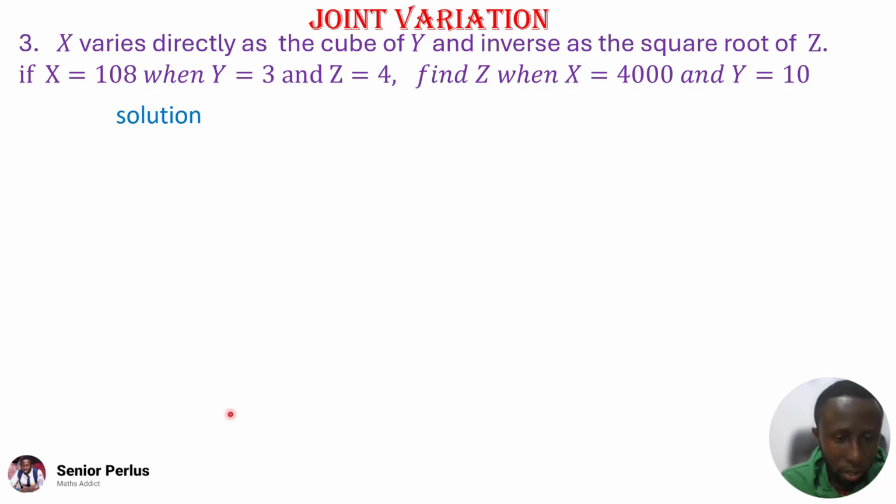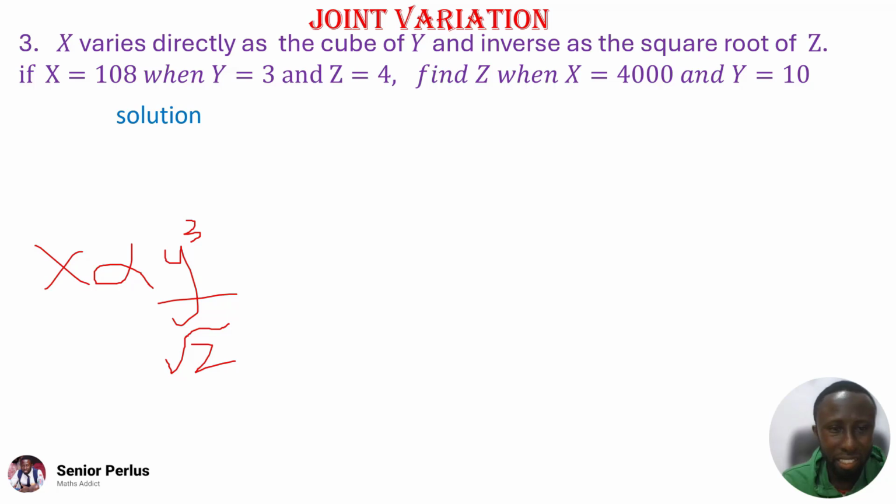S varies directly as the cube of y. So how do I write the cube of y? This. And inversely as the square root of z. So learn how to write this.